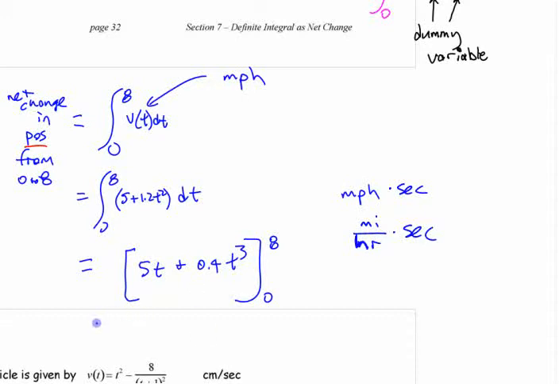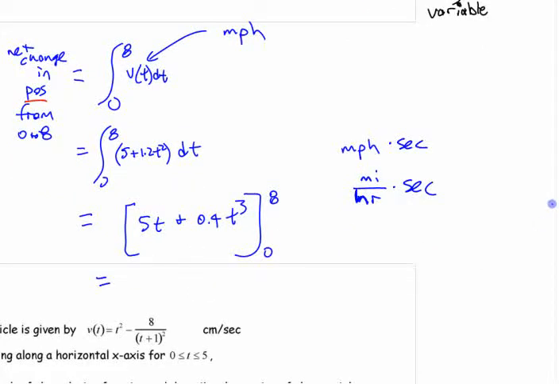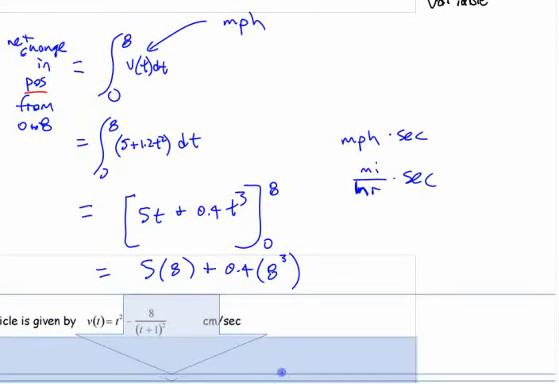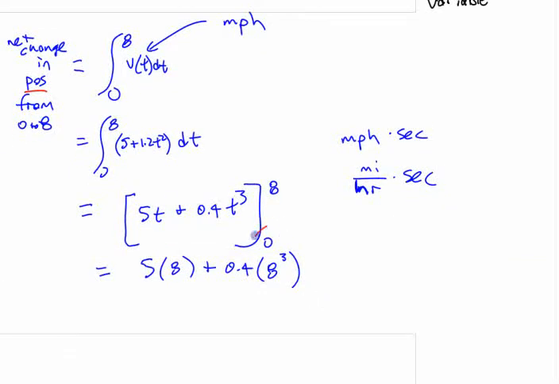But we'll get the number and then we'll convert it after. That's the safer thing to do. If you evaluate this, you get 5 times 8 plus 0.4 times 8 cubed, and whatever that's equal to. You don't need to put the 0 in because it's just going to be 0, right? I'm not even bothering with putting that in, because it's going to give you 0 minus 0 if you really want to.